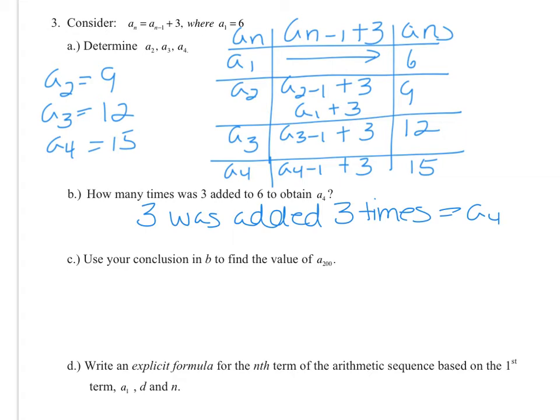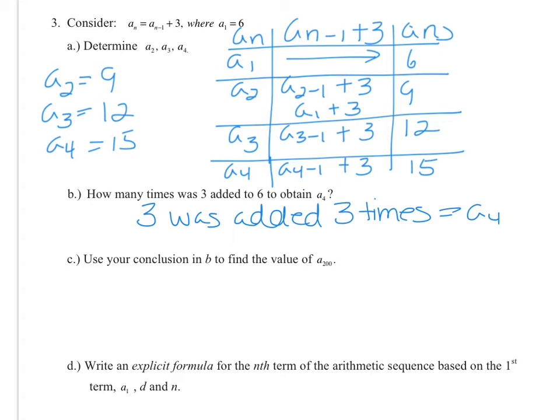Okay, use your conclusion in B to find the value of a sub 200. How many times would I have to add 3 to get to a sub 200? To get to a sub 4, I had to add it 3 times. So let's talk about this.